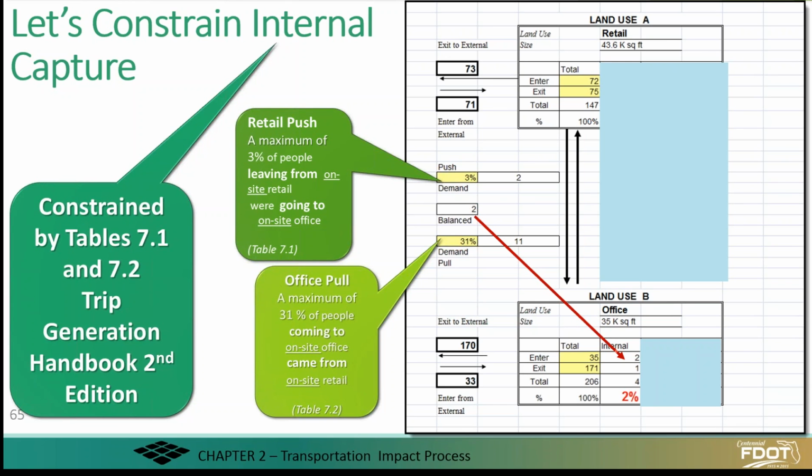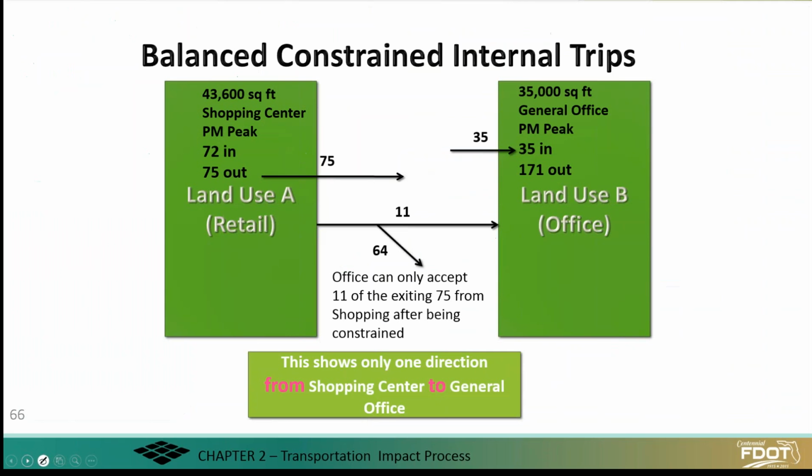And that's more realistic based on the numbers that were in the second edition. So you see here, now there are 64 trips that now make it to the street.